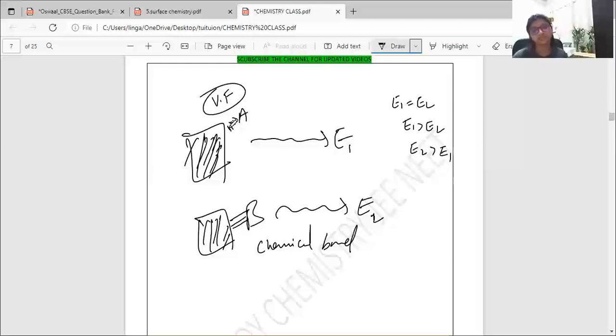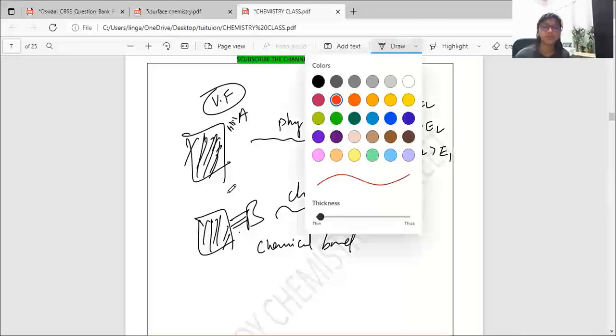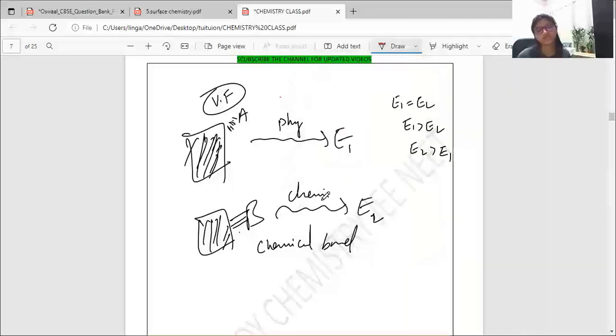Here weaker forces, here strong forces. What are you expecting? This is the physics option. It is the chemist option. Where will the energy be released more? Chemical bonds, because a strong bond is there.